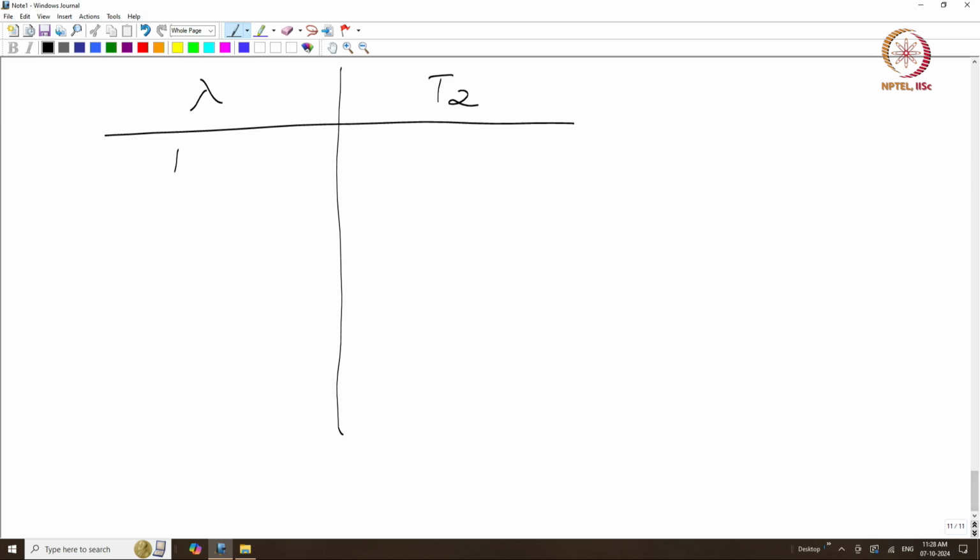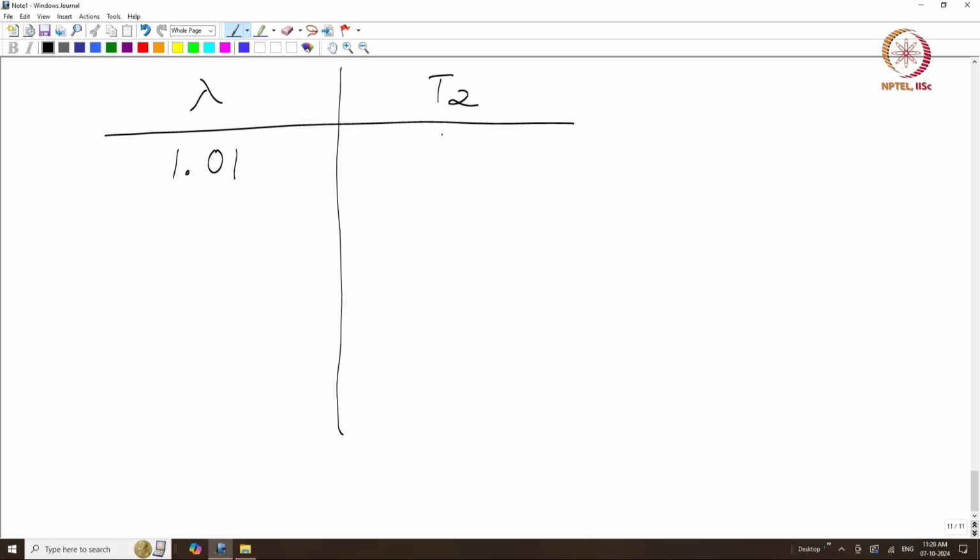So let us consider lambda equal to 1.01. What this really means is that on average, if there are 100 individuals, they become 101 at the end of one generation. If it was a linear growth, where I add exactly one individual at the end of one generation without a multiplying effect, we would find T2 to be 100 generations. However, in the geometric growth the doubling happens in 69.66 generations.